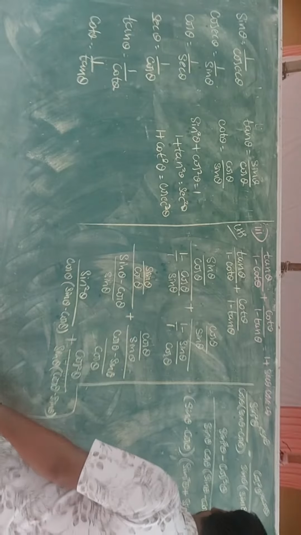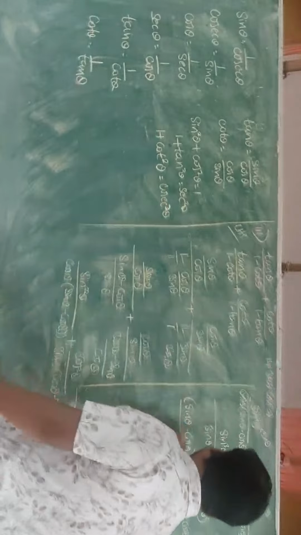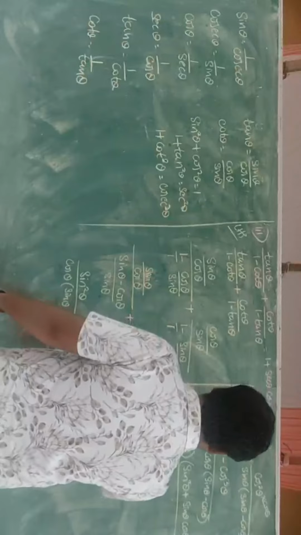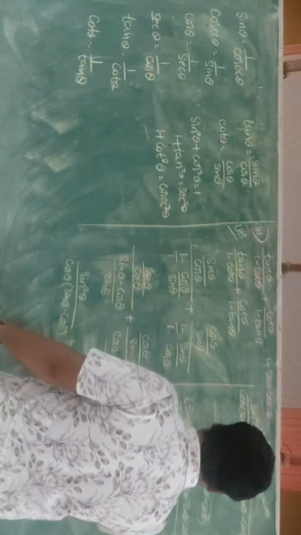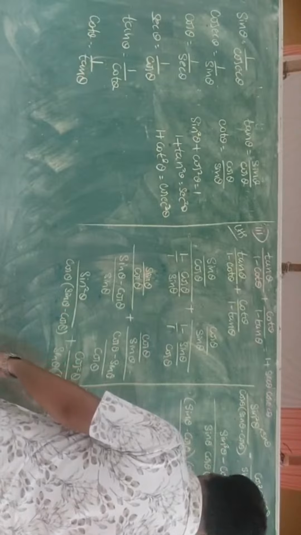Am I right? So divided by this term as it is, sin theta into cos theta into sin theta minus cos theta.